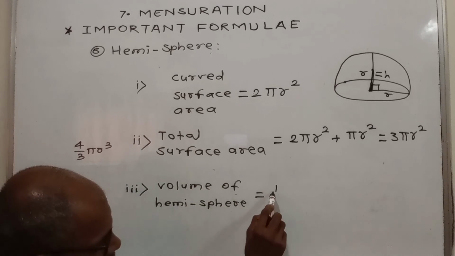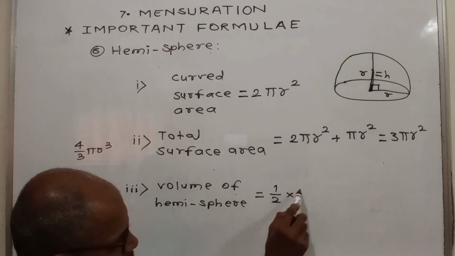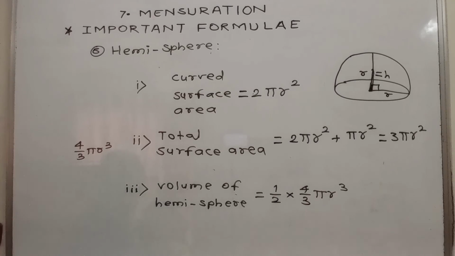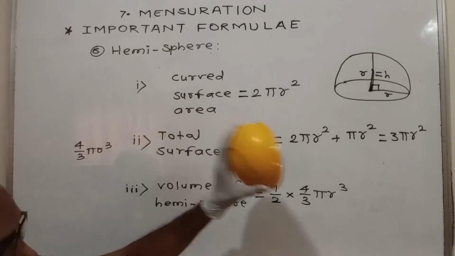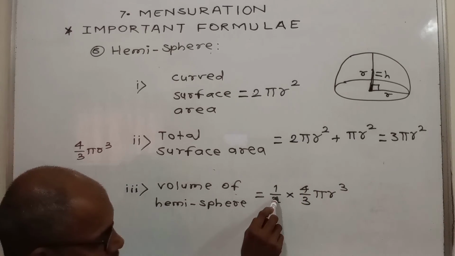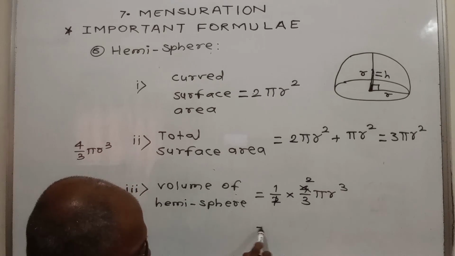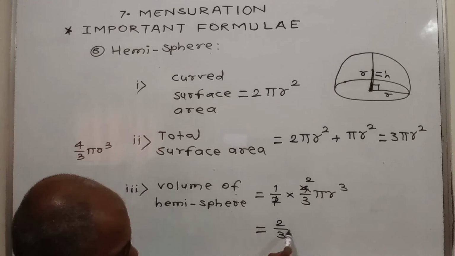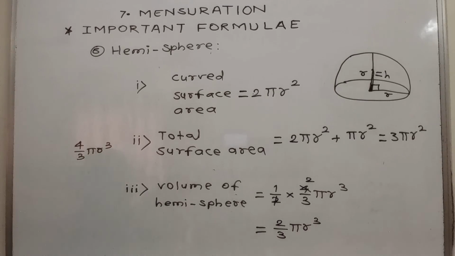Half part means 1 upon 2 of the volume of sphere. Did you get it? This is volume of sphere, but we want half of the volume of sphere. So 2 2s are 4. Therefore volume of hemisphere is equal to 2 upon 3 pi r cube. Did you get it? Very simple.